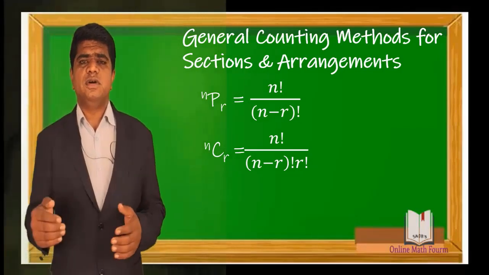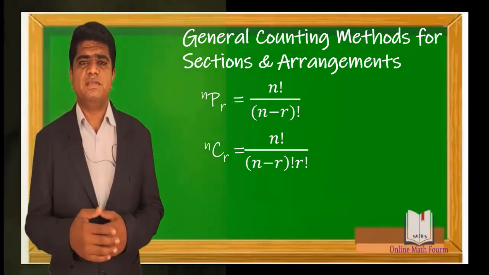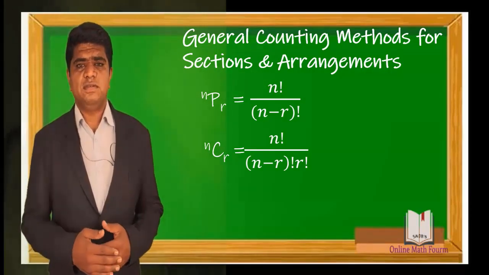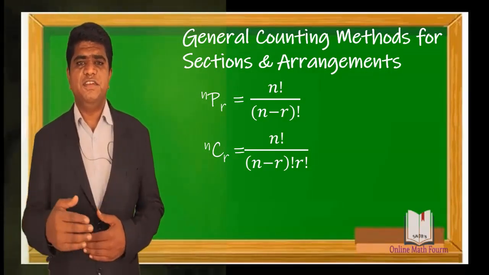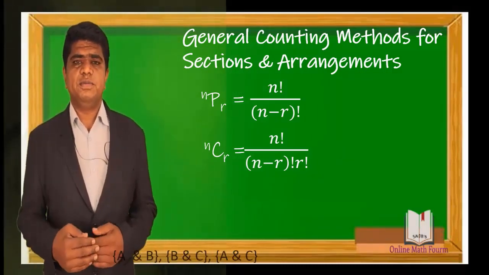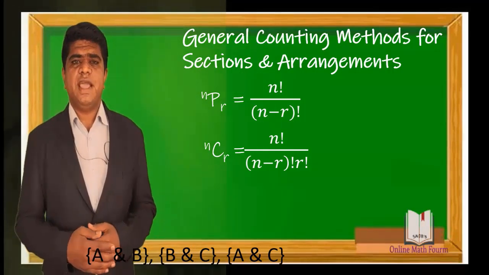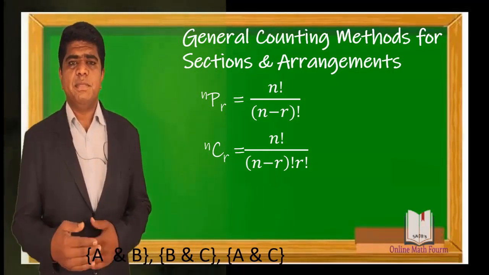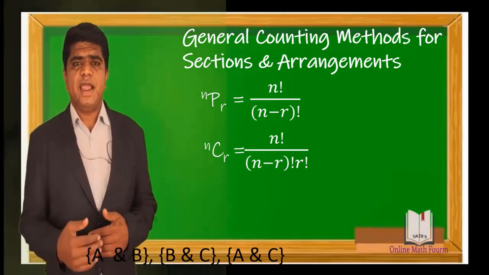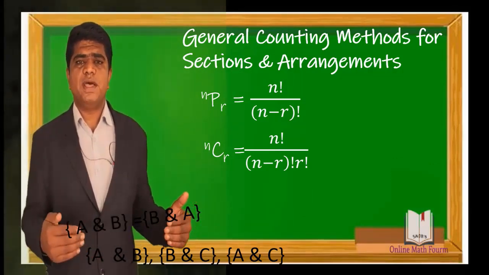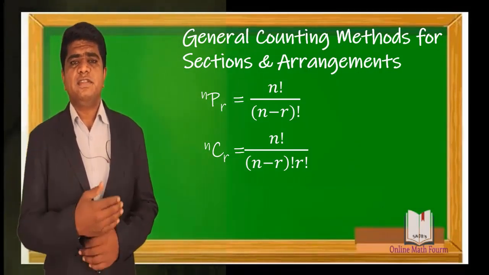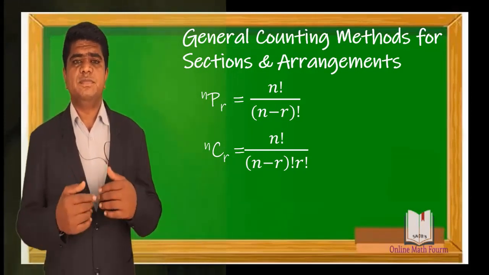Similarly, if you want a group of 2 persons from these 3 persons, we get 3 different groups: the group containing A and B, the second containing B and C, and the third containing A and C. Remember that the group containing A and B and the group containing B and A are the same. So we get only 3 different groups, which can be calculated by 3C2. The answer is 3.